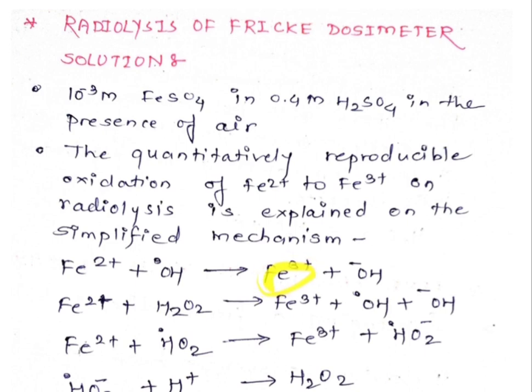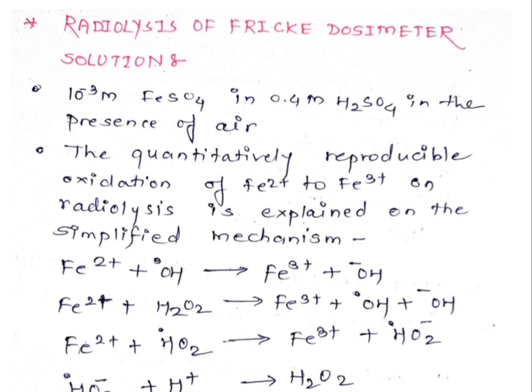We have to measure this. Then Fe2+ plus H2O2 gives Fe3+ plus OH radical plus OH minus. And the next reaction is Fe2+ plus HO2 radical, which gives Fe3+ plus HO2 minus, and the H radical is here.